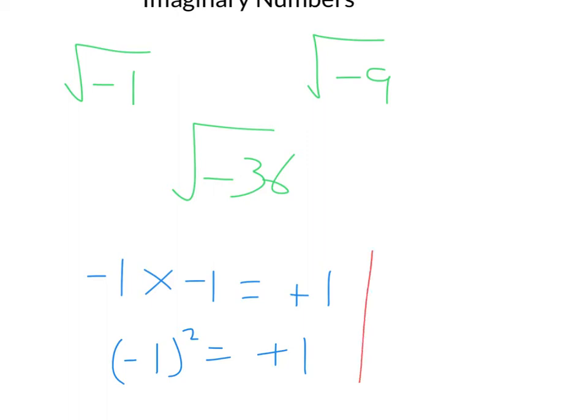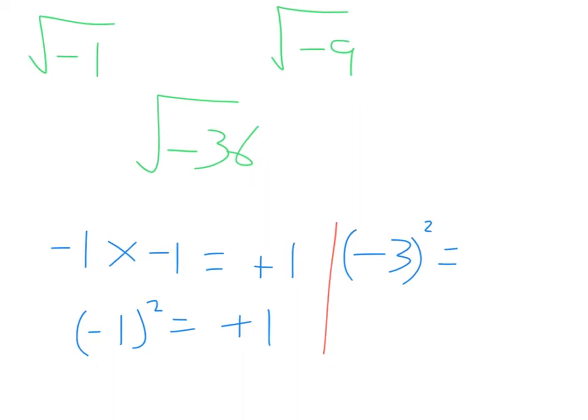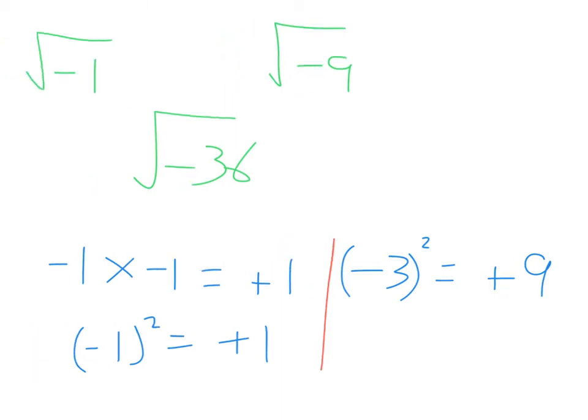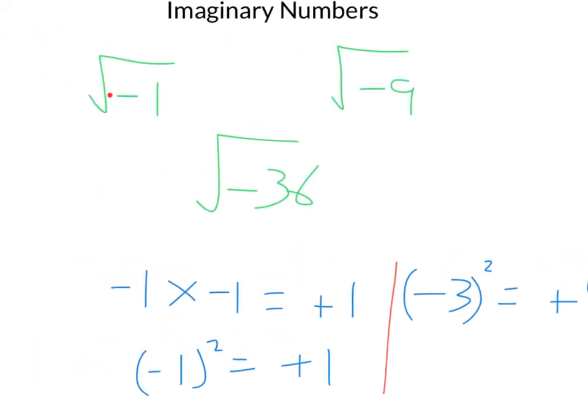If we were to get minus 3 squared, which we think might maybe give us minus 9, then 3 times 3 would indeed give us 9, but minus by minus will give us a plus. So there is actually no number that gives you the square root of a negative number. So that's why we say that they're imaginary.